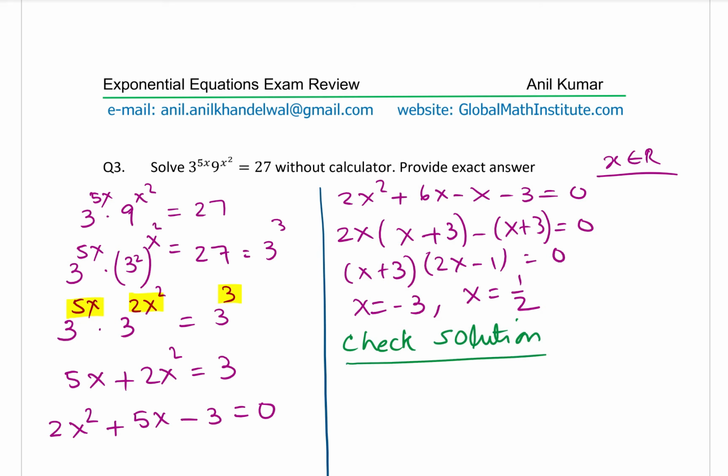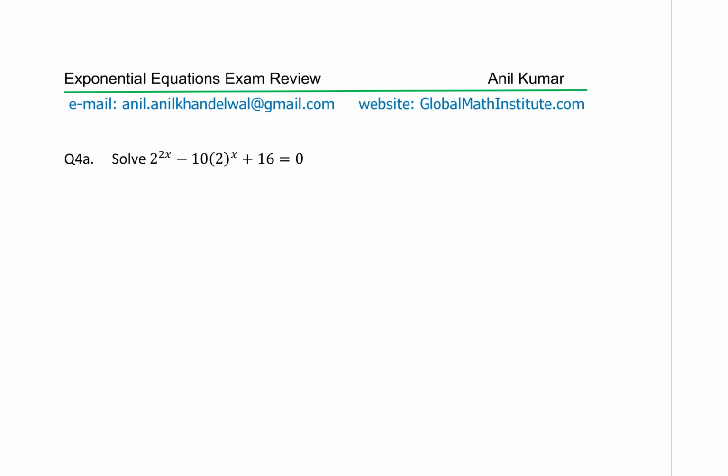Check solution really means that you have to substitute the value and then figure out whether they are right or wrong. For the time being, I will write this as the correct answer. Is that okay? If you find that it doesn't really work out, you have to let me know. So x equals to minus 3 and x equals to half is the solution of this particular equation.